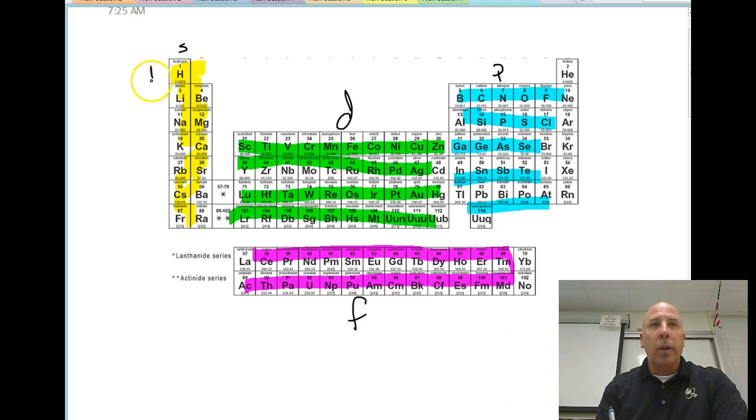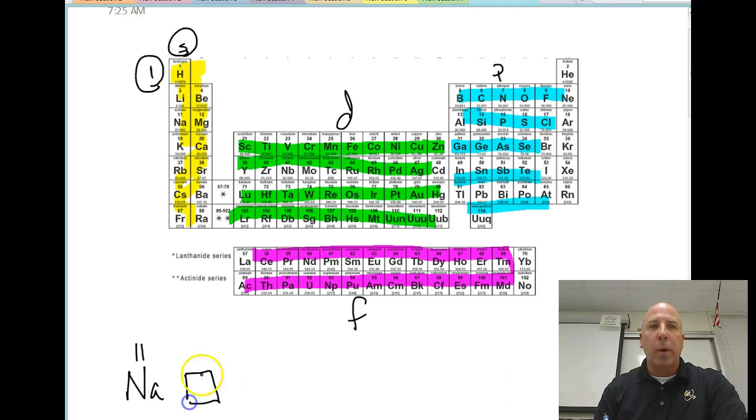For example, we're going to start here in period 1, and because we have our S block, this is going to be our 1s. Just as a review, let's do the orbital diagram for sodium, which has atomic number 11. We start right up top with hydrogen, and there's our 1s block, so we draw a box with this 1s. It goes straight across and takes care of hydrogen and helium.